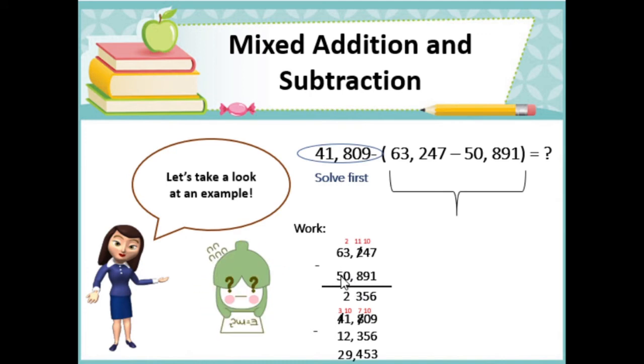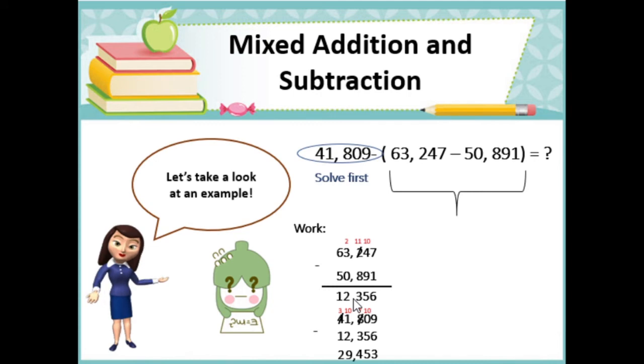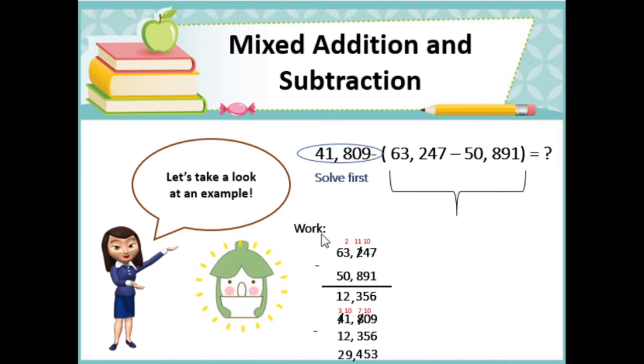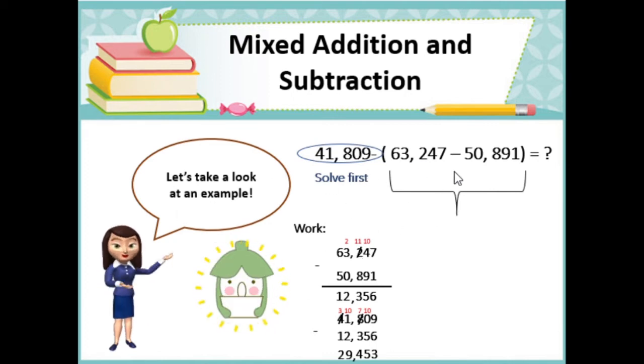And 6 minus 5 equals 1. Giving us the difference of 12,356. We're done with the numbers inside the brackets or the parentheses.